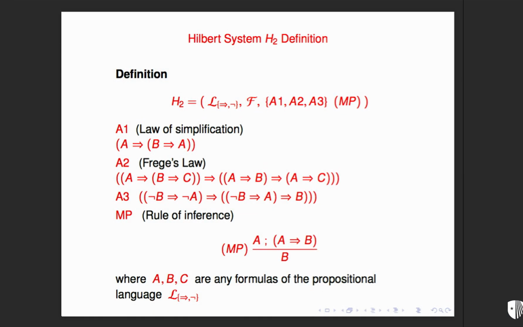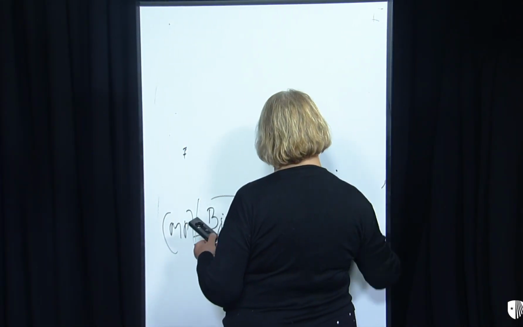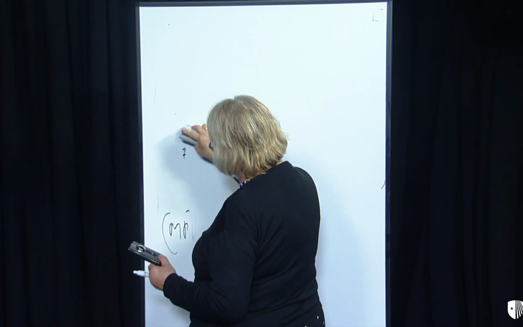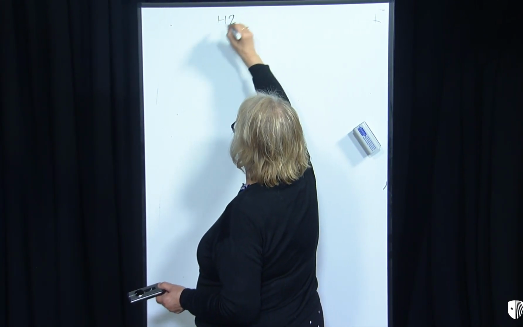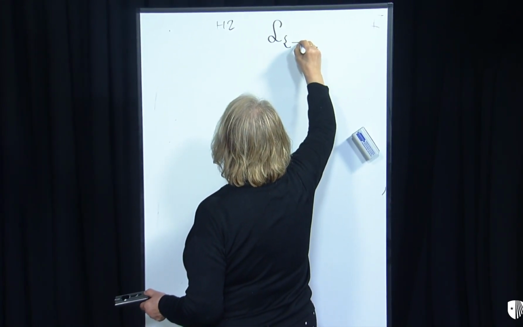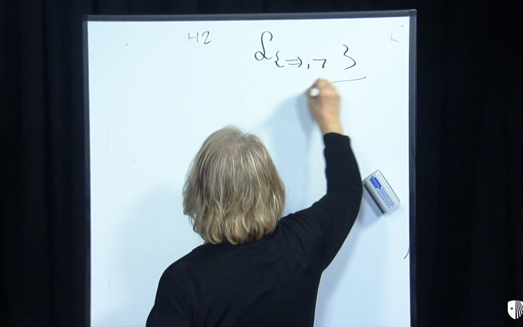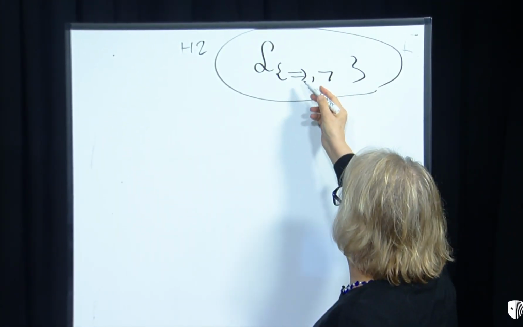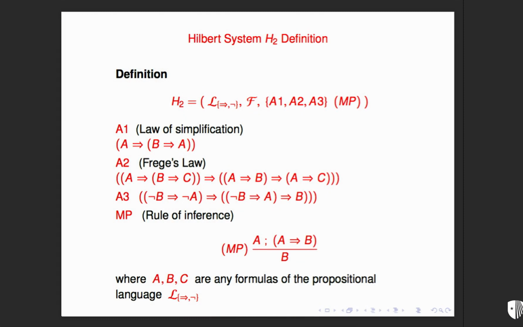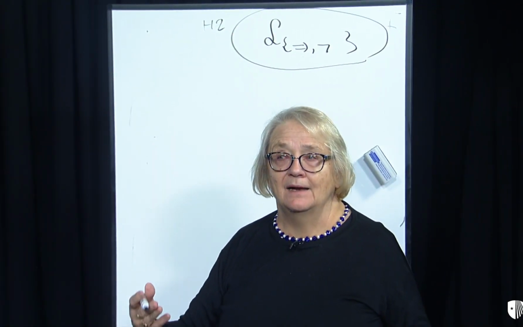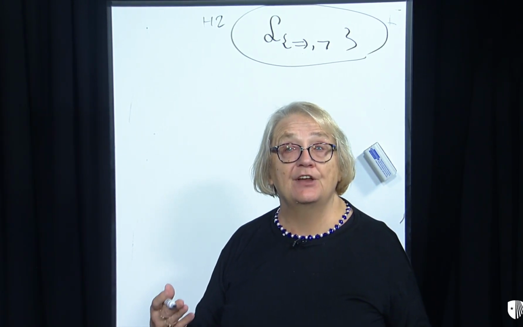First of all, we keep the axioms of H1, but also H2 has a language with implication and negation. So we extend the language. The whole incompleteness of system H1 followed from the fact that we couldn't define negation in terms of implication alone.